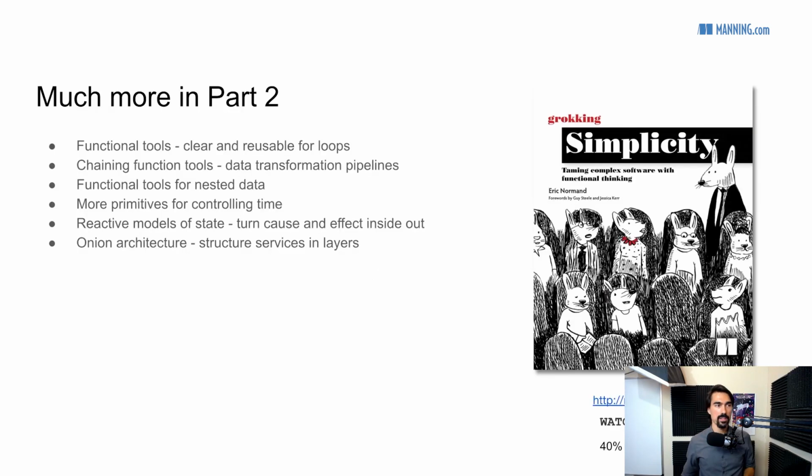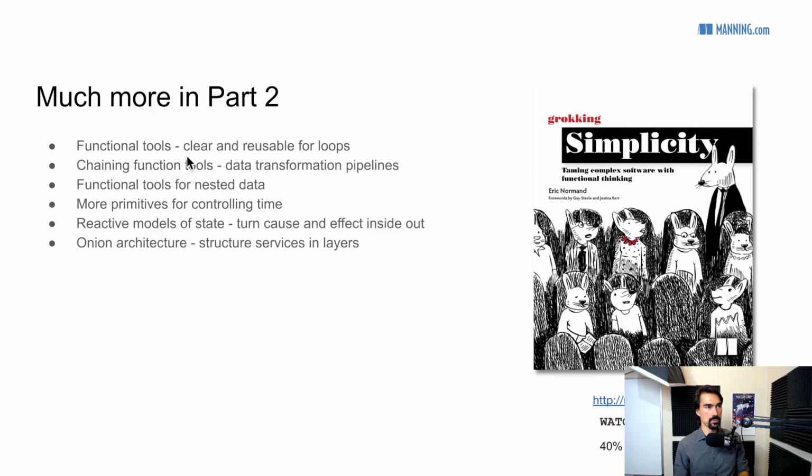All right, there's more in part 2. I just touched on 3 different things. We talk about functional tools. For each is a functional tool. A basic way to put it, maybe it's not perfectly correct, but it's clear and reusable for loops. We're talking about for each, map, filter, reduce.